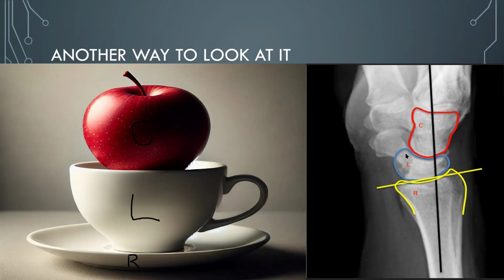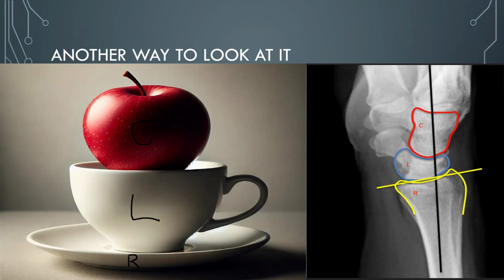All right. And just as the saucer would hold the cup, the radius is also holding the lunate. And just as the cup is holding the apple, the capitate is held by the lunate. So these three are what we are trying to look at to see if there's any sort of dislocations and things like that.